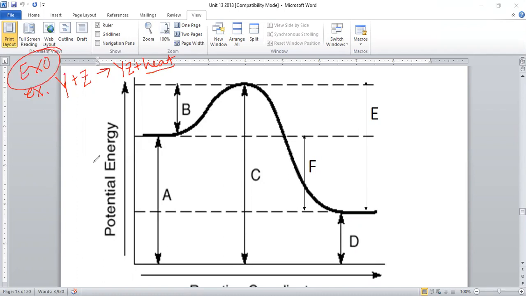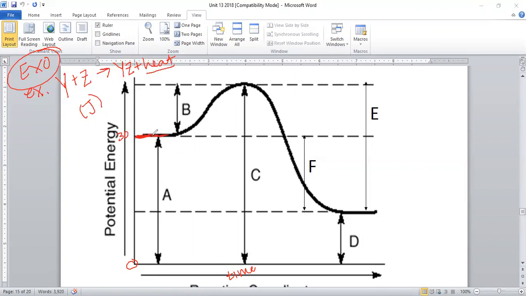Okay? All right, so the y-axis is potential energy, usually in joules, or it could be in kilojoules. The bottom is reaction progress or reaction coordinate, or you could just say time. So at point A, the arrow, so this is 0. Let's label this 30 joules.